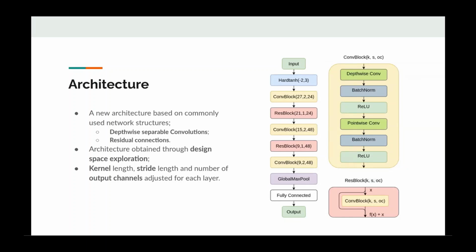It also has variable stride length and number of output channels according to each layer. The first 2 layers have 24 channels each, and the final 3 convolutional layers have 48 channels.